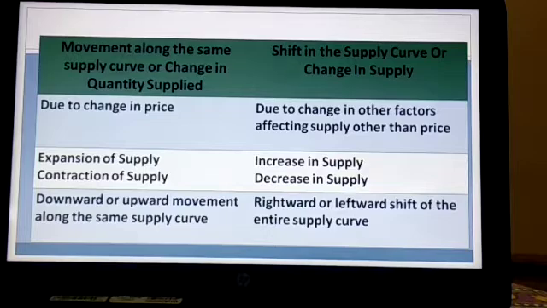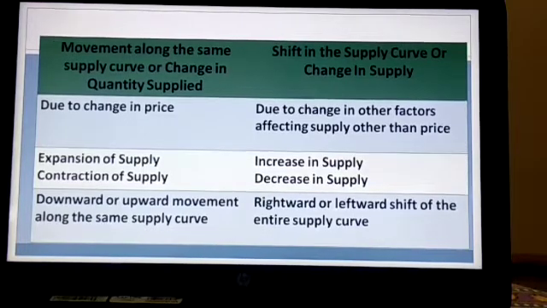Now the first point, movement happens due to what and shift happens due to what? You very well remember when we were studying the factors affecting supply, the most important factor is the price.